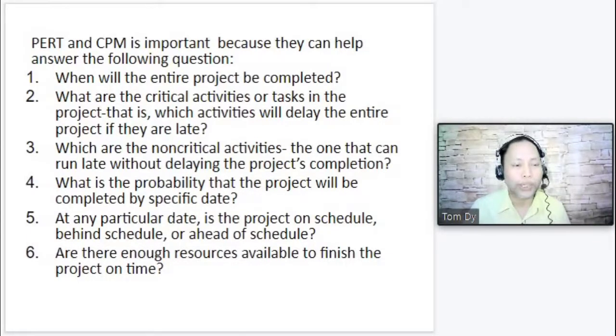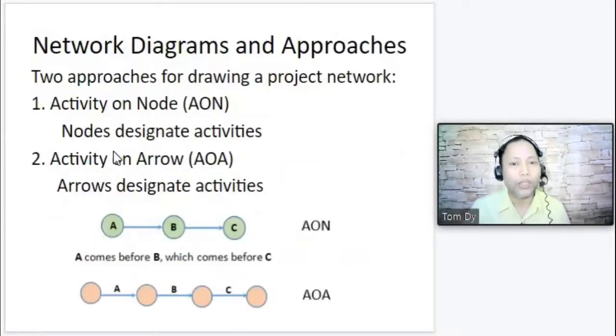Now in doing PERT and CPM, we have network diagrams and approaches. In our computation, we will be using network diagrams. There are two approaches for drawing a project network. First, we have what we call the activity on node, or AON.